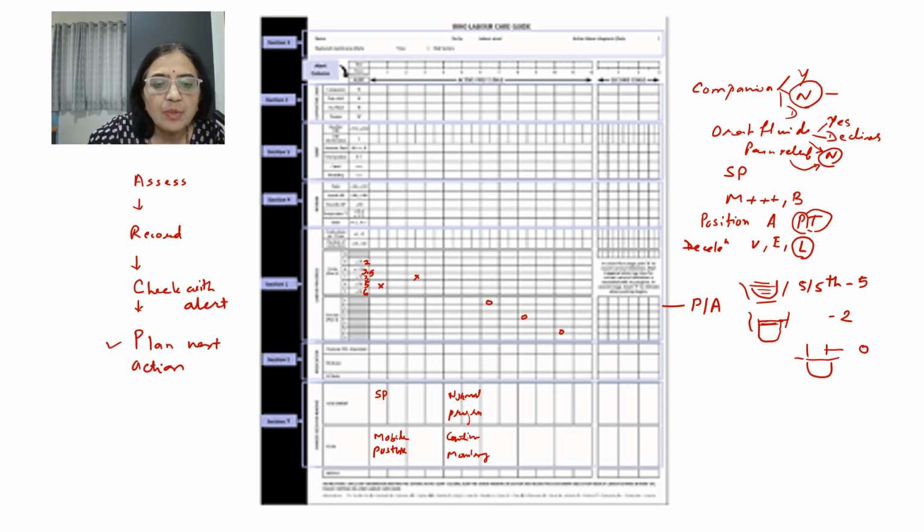Next, on per vaginal examination, if it is showing 7 centimeters, then we have to mark it like that. That will tell us whether it is coming in the alert or not. For 6, we know that we can wait for 5 hours, and here it is already going to 7. So that means the progress is normal. That is the way it is to be filled, and that is the way it is to be documented.